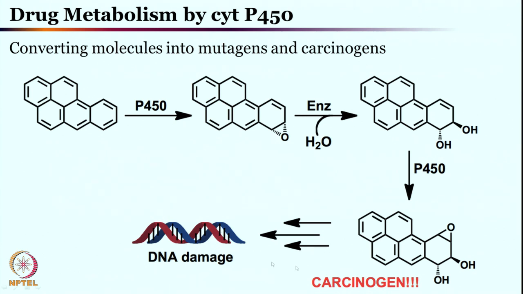It may not be reacting with the DNA itself, but this species, or the species derived from it, is going to be very reactive and is going to damage, intercalate, interact, bind with DNA, and is going to destroy the DNA significantly.